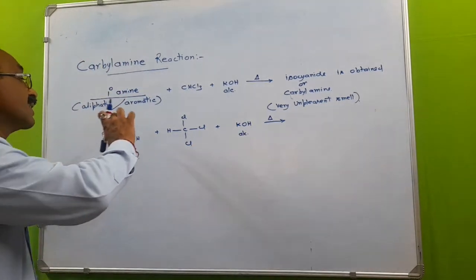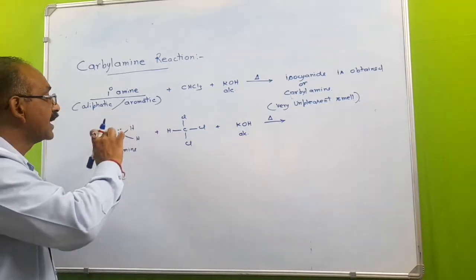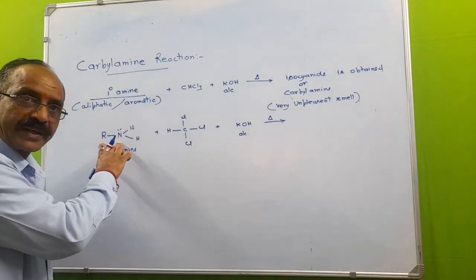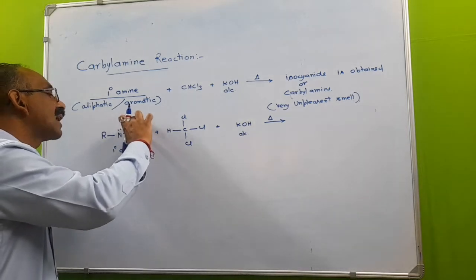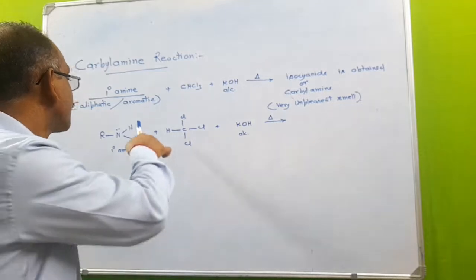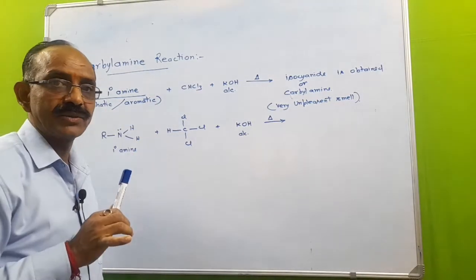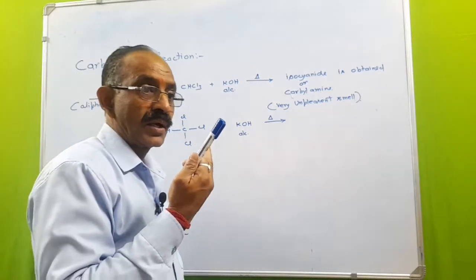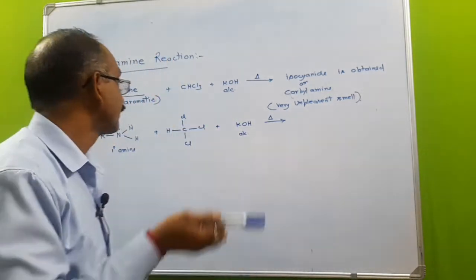See here, these two hydrogens which are linked over the nitrogen, that is the third most electronegative atom. So these two hydrogens are having slight electropositive charge, or we can say that these two hydrogens are active hydrogens, means they have tendency to come out as H+.